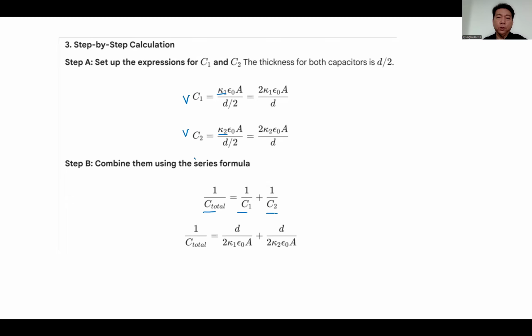And then you can have this total capacitance formula. Note that here the thickness for each capacitor is now d over 2, but the area is the same. That's the big difference.